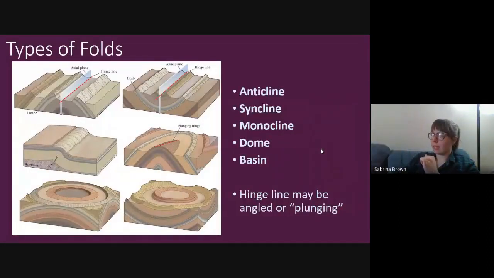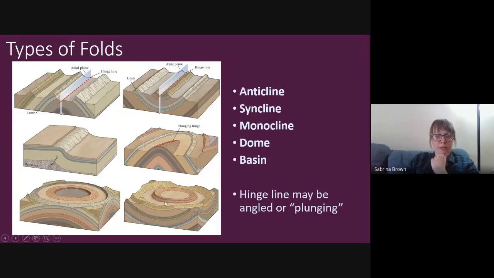And we can't get away that easily. There are a number of different types of folds, and we'll talk about each one of them with their own slides. So we have anticlines and synclines, which are kind of opposites of each other. We have monoclines, which means just one single sort of change in hinge.